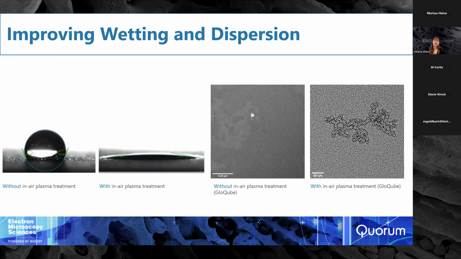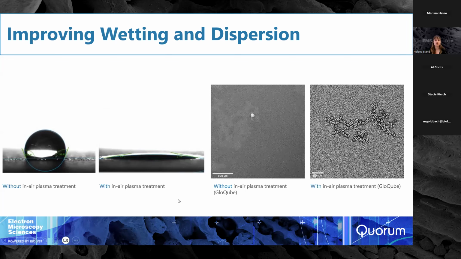Finally, it can be used for wetting and dispersion. I do have a slide later in the presentation to go through the differences between glow discharge systems and plasma treatment systems, but I'm going to highlight it a little bit here. If we have a water droplet and we put it on the surface of a glass slide, that water droplet is going to sit on top of the slide.